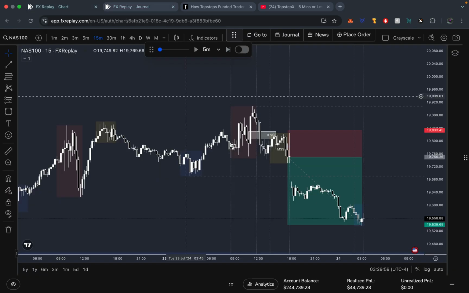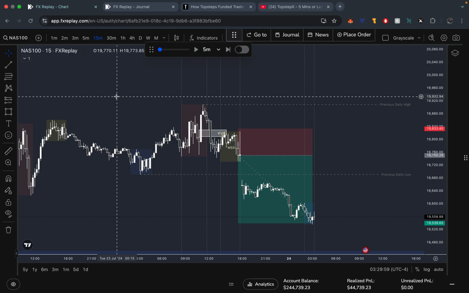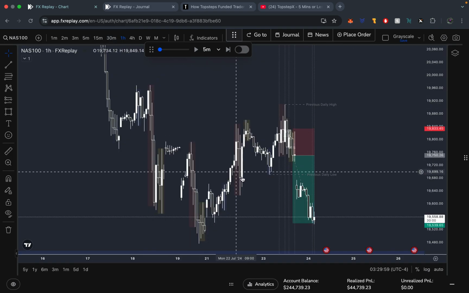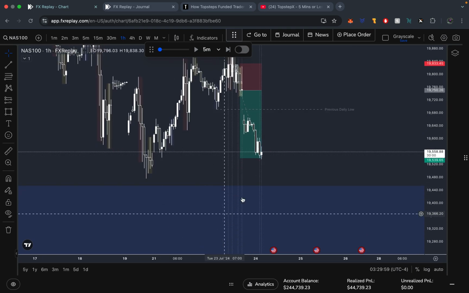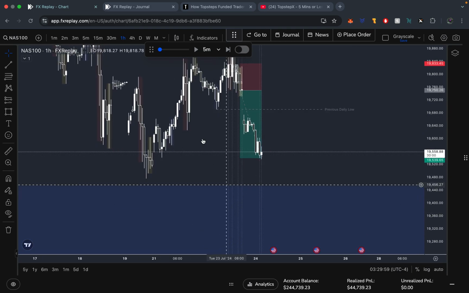So the model is a bit more longer term than just day trading the AM session, but you give it a bit more time to do its thing, basically a bit more room, and you can get bigger moves from it. Still targeting this longer term.